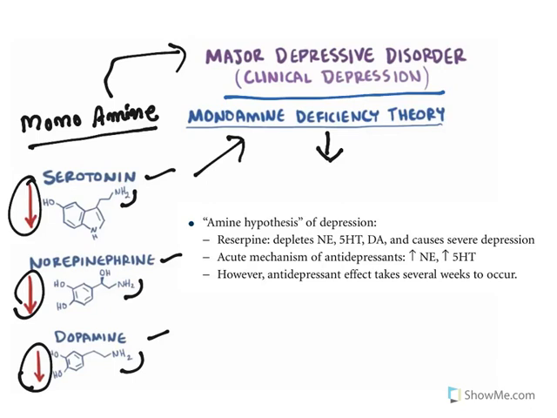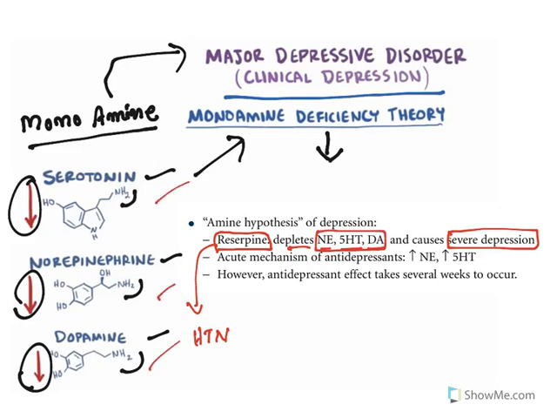According to this amine hypothesis, reserpine some time ago used to be used to treat hypertension. When reserpine is used, it depletes norepinephrine, serotonin, dopamine, and it caused severe depression. The use of reserpine led to the hypothesis that the deficiency of these three neurotransmitters, these monoamines, is what is causing depression.